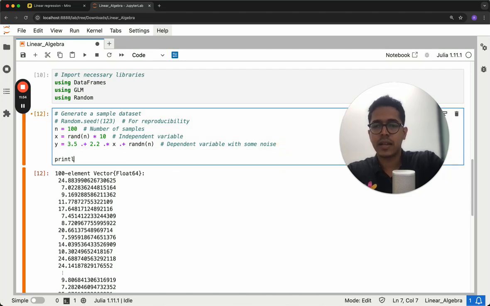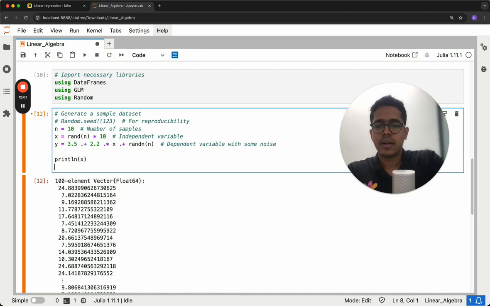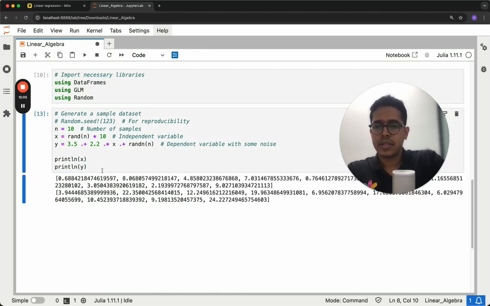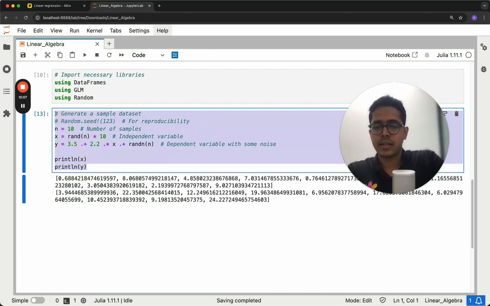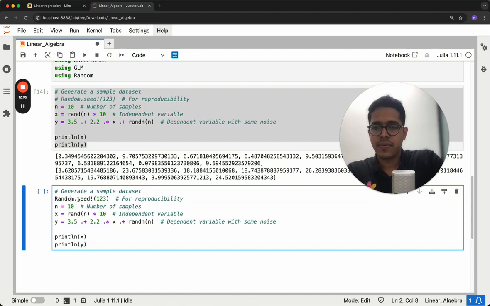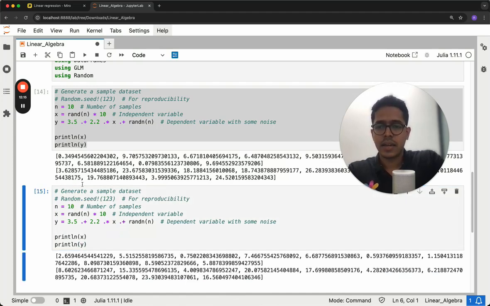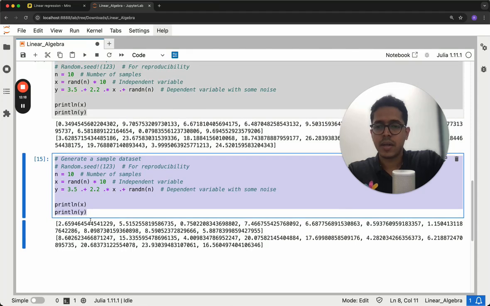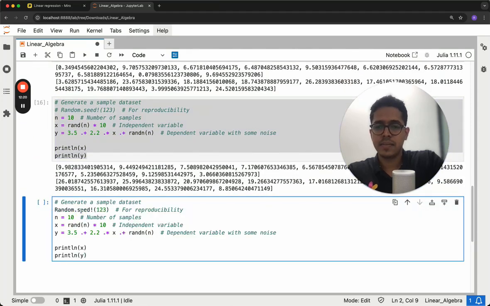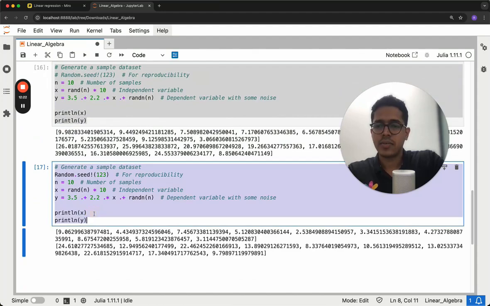I don't want 100, I just want 10 for demonstration. Print ln of X and print ln of Y. Just check these values. If we run this once again, these are different values. But now let's try this with a seed. These are the set of values.